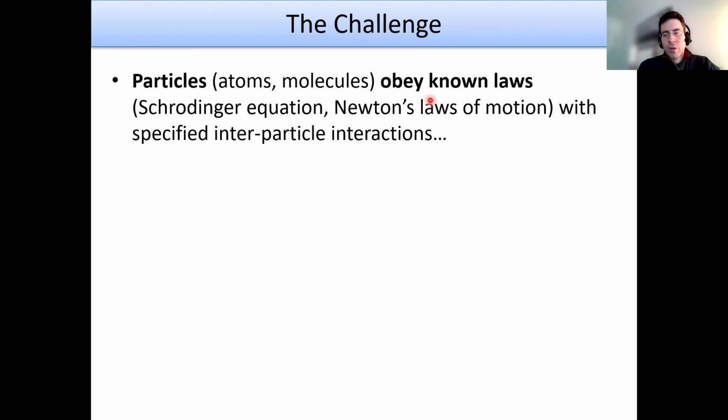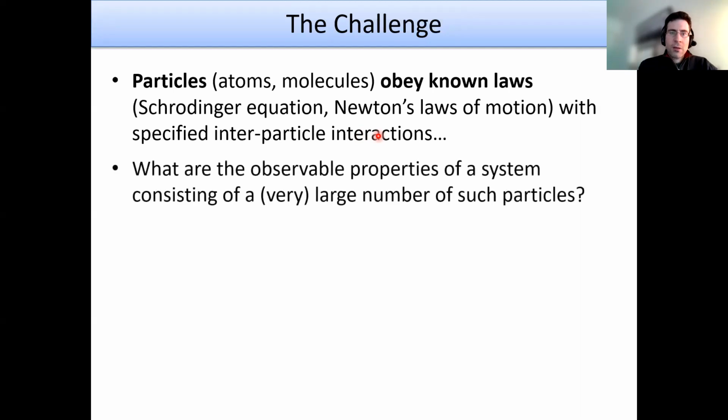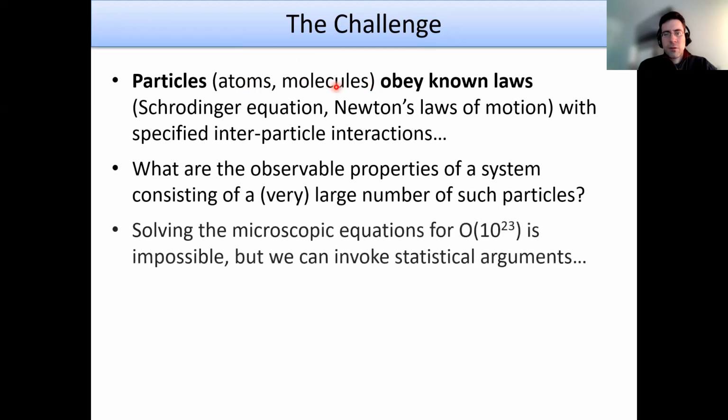Then if we go with the classical description of what the nuclei do, we can write a model based on Newton's laws of motion with, of course, known interparticle interactions. And then the question is, if we know these things, what are the observable properties of the system? And the system, of course, consists of a very large number of particles, atoms, molecules, electrons.